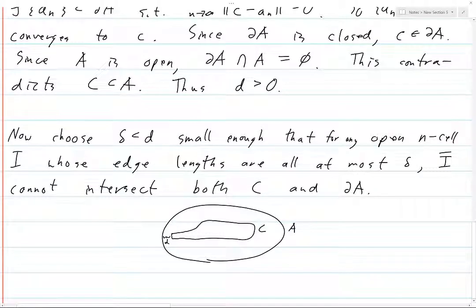In this particular example, if we make the boxes have side lengths a lot smaller than D, then there's no way for a box to intersect both C and the boundary of A, just because there's too much distance.